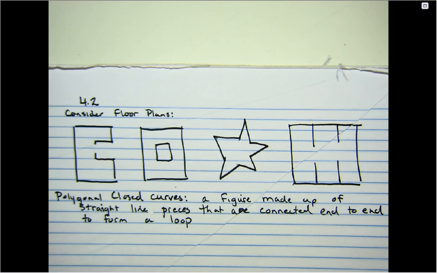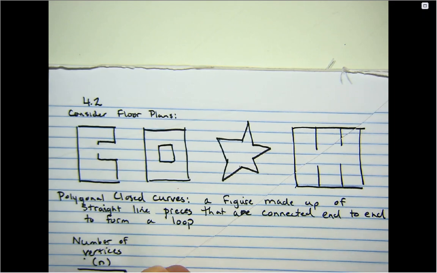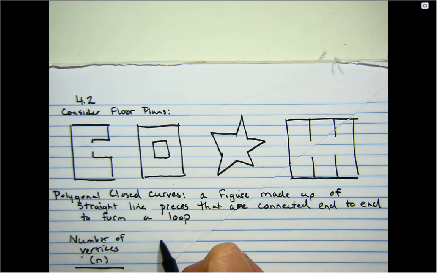So draw a polygonal closed curve. Count the vertices. Okay, so those are the corners. They're going to call it N. And the smallest number of guards to see the whole thing.